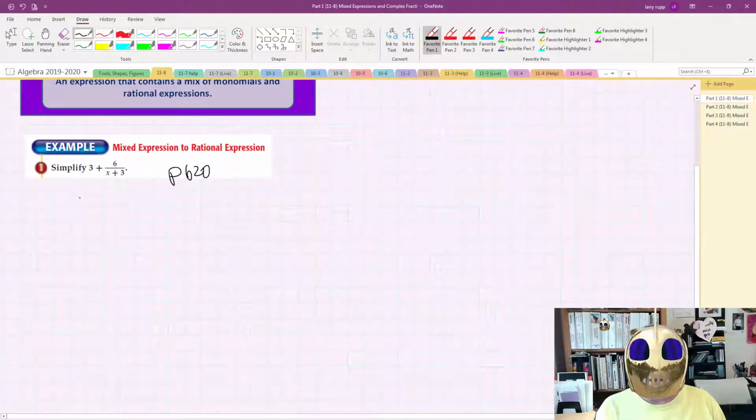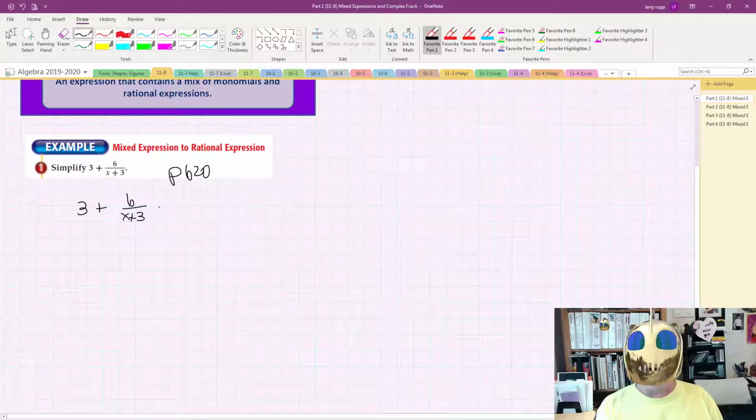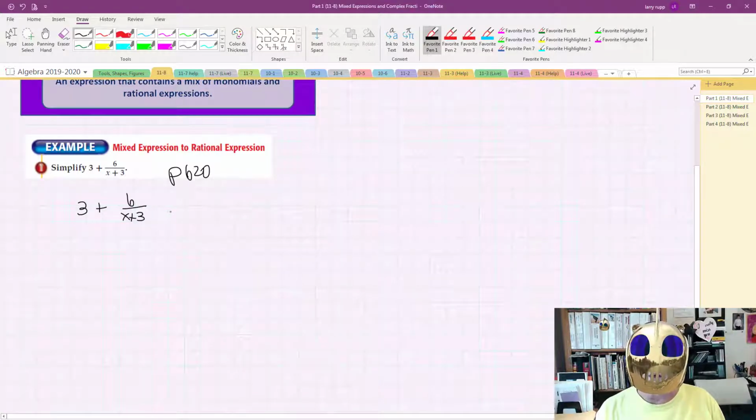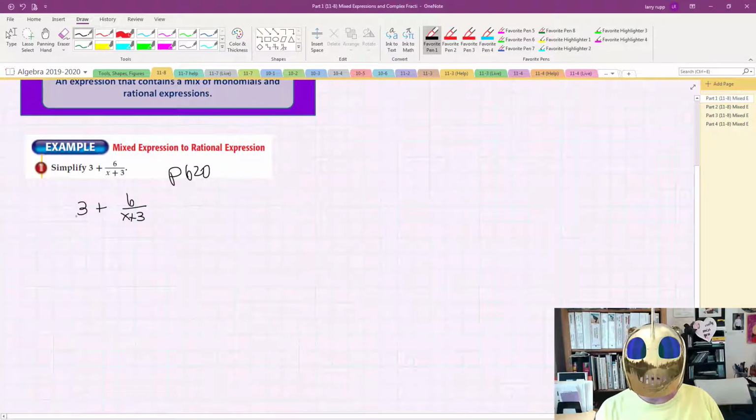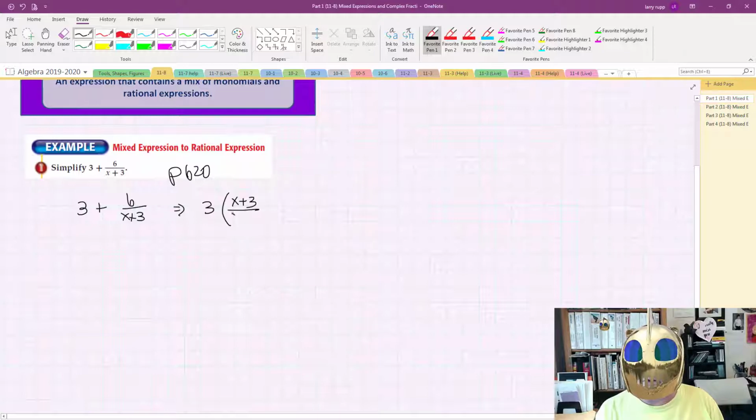It says simplify 3 plus 6 over x plus 3. All of the previous sections you've been working on, rational expressions with like denominators and unlike denominators, come into play here. What do you have to do to the 3 to get it into a like denominator of x plus 3? You multiply it, top and bottom, by x plus 3 over x plus 3, because that whole quantity is equal to 1, plus 6 over x plus 3.